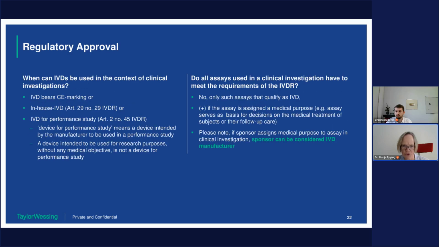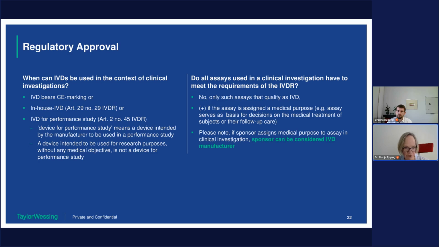Just to give you a short overview of what applies to clinical trials. This is of course very important because diagnostic and medicinal product need to work together. However, there's no joint regulatory regime for the clinical trials, and if the medicinal product is tested, it needs to be made sure that the IVD, this companion diagnostic, can be legally used in a compliant way in this clinical trial of the medicinal product.